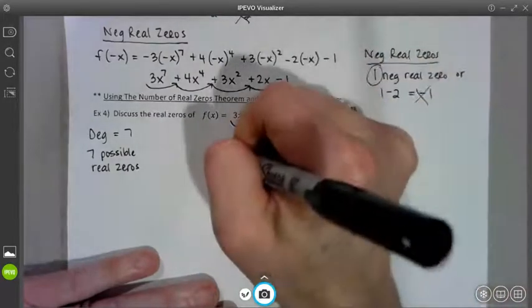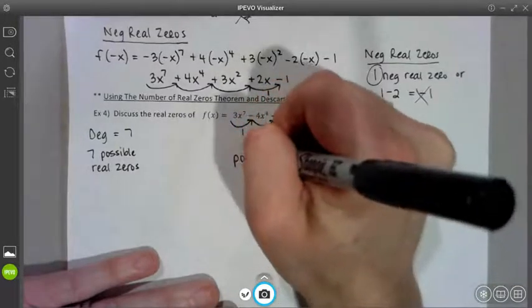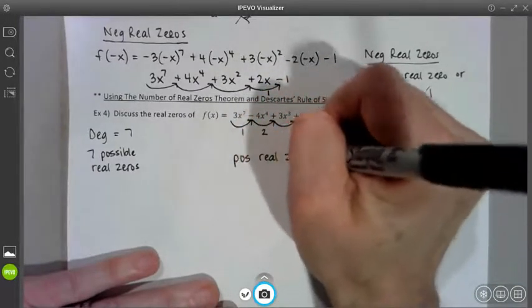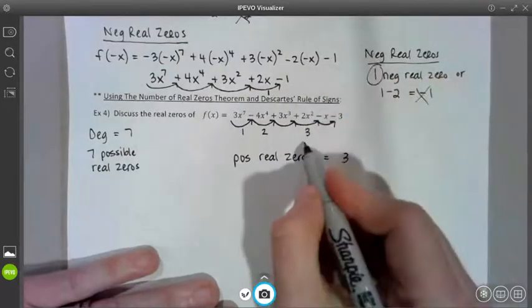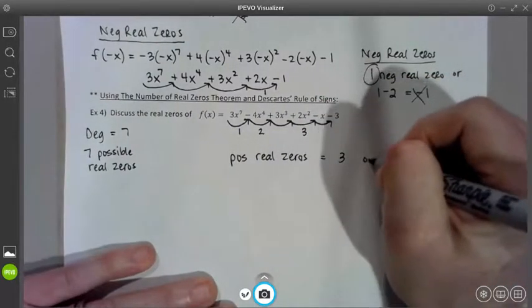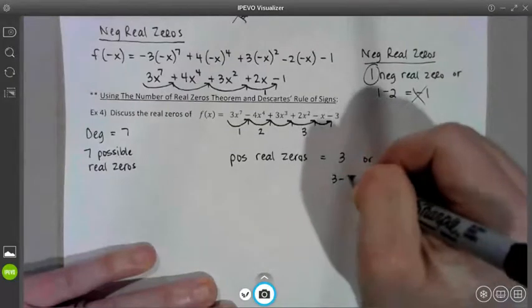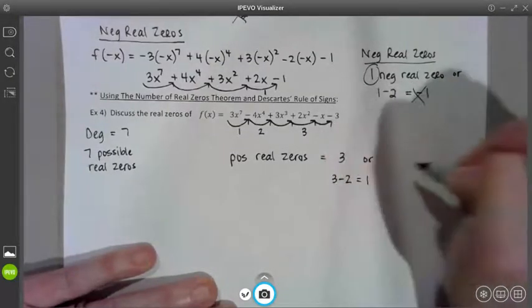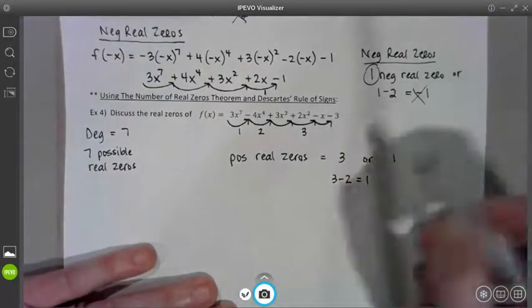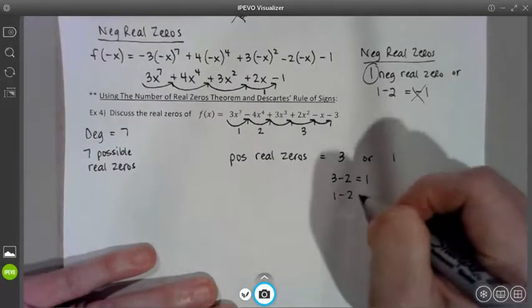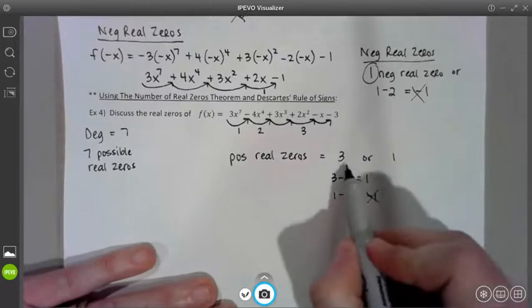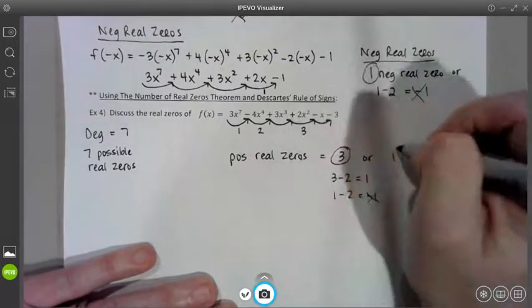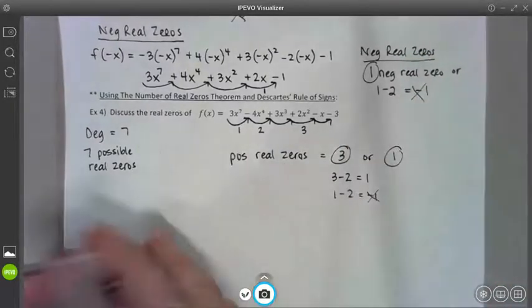So the number of positive real zeros is going to equal 3 because there are 3 sign changes, or take 3, subtract 2, and you get 1. Or 1. All right, take 1 and subtract 2. I get negative 1. Nope, I landed on a negative number. So that means you either have 3 or 1 positive real zeros.